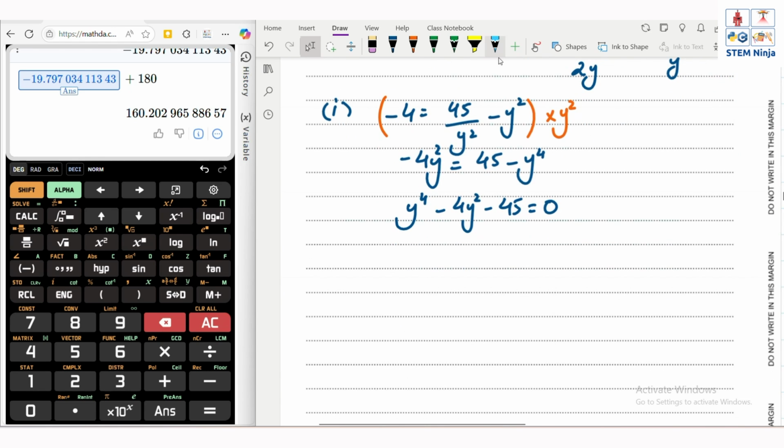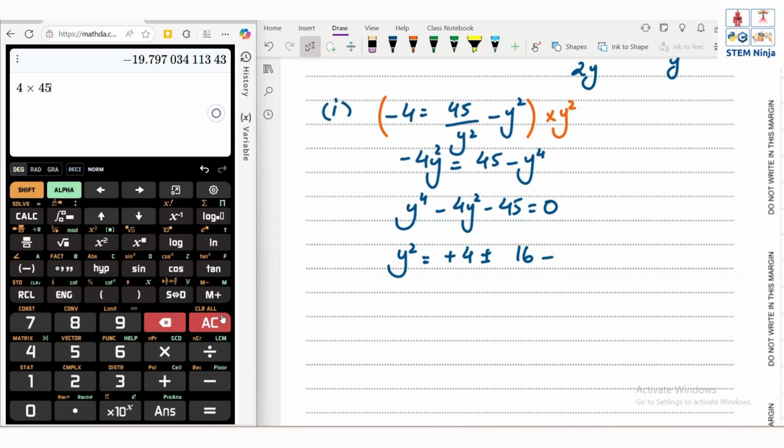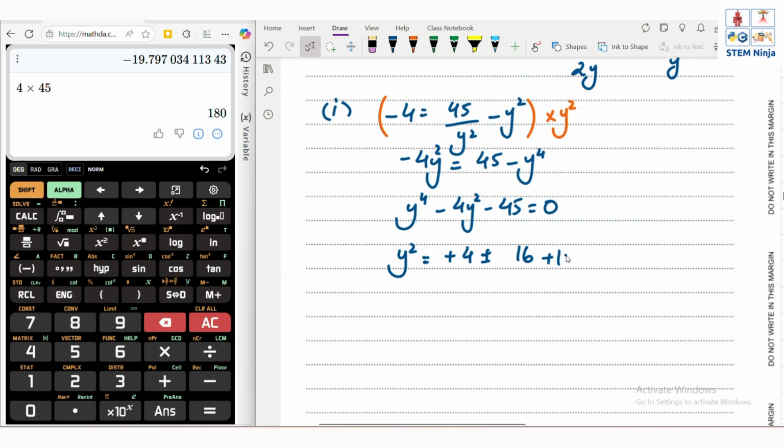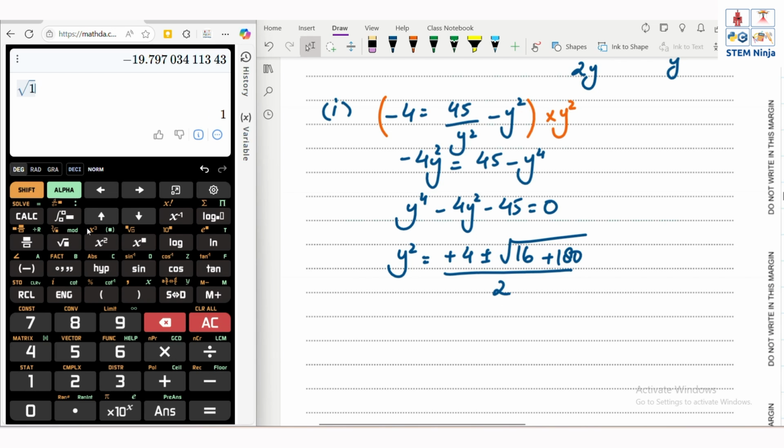Now, we can't solve it as it is, so we will solve it like a quadratic equation. So y squared will be equal to minus b, plus minus the square root of b squared minus 4ac. So 4 times 45 is 180, so plus 180, divided by 2. So the square root of 196 is 14.